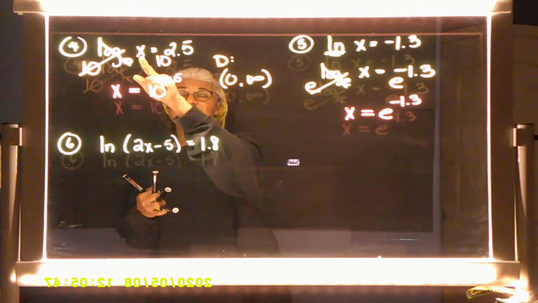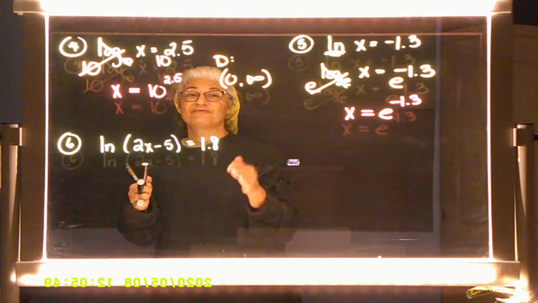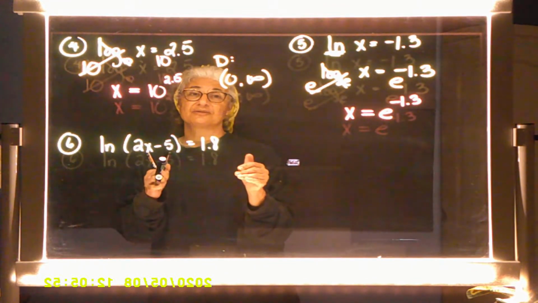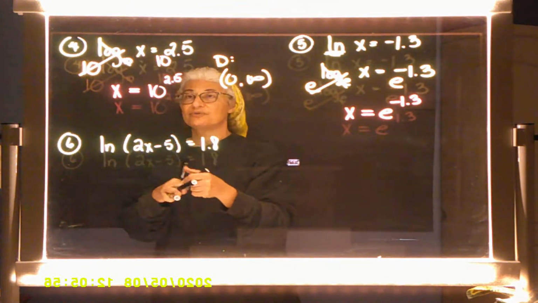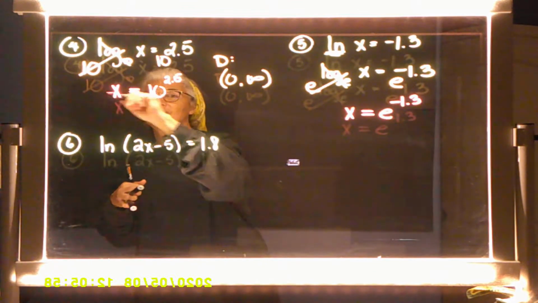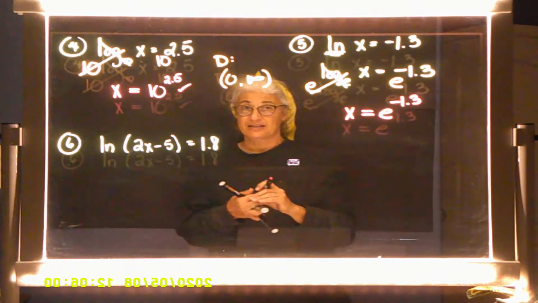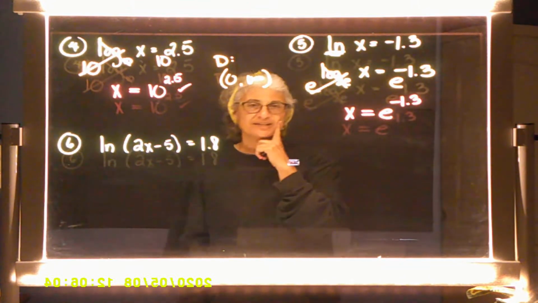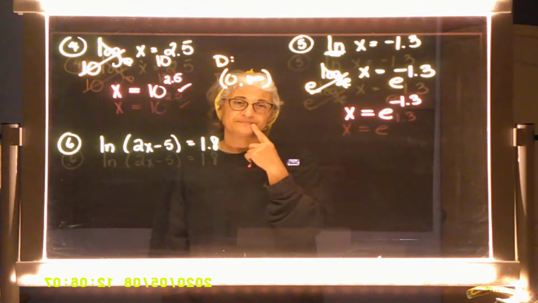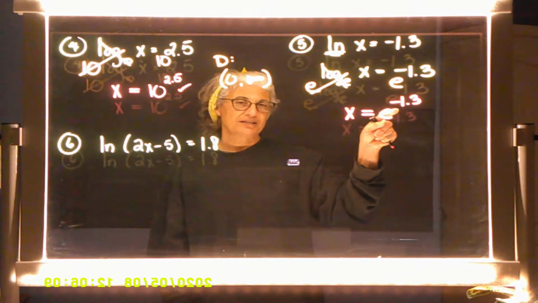And in this case, I am, because 10 to the 2.5 is a positive answer, which means I am taking the log of a positive number. So this answer is good to go. I don't have to worry about it being negative. Now this one. Some of you are going, oh, that answer is negative. Is it? Remember what a negative power does?